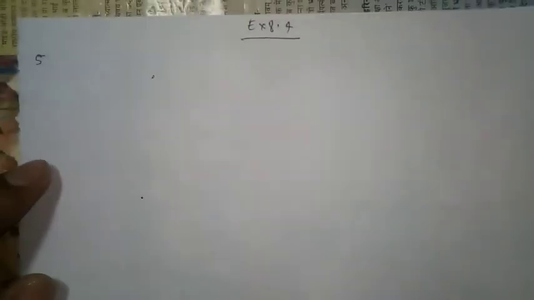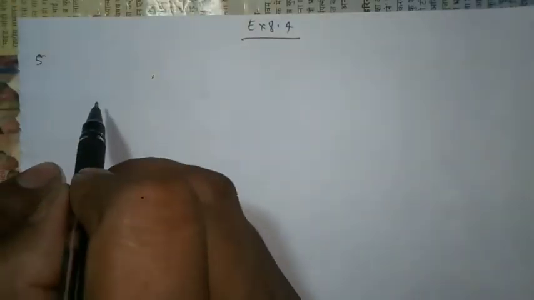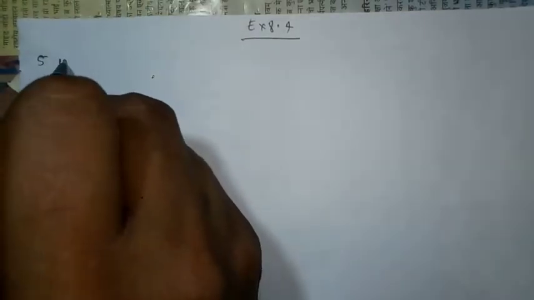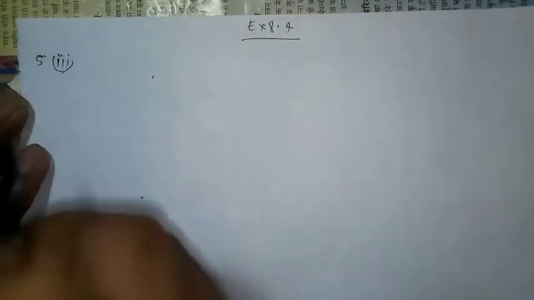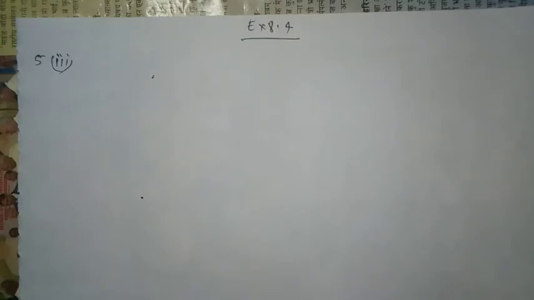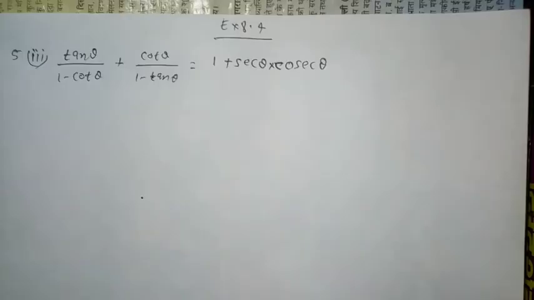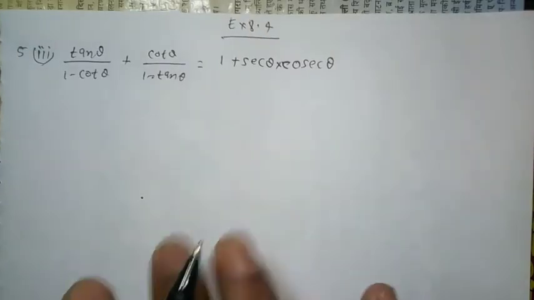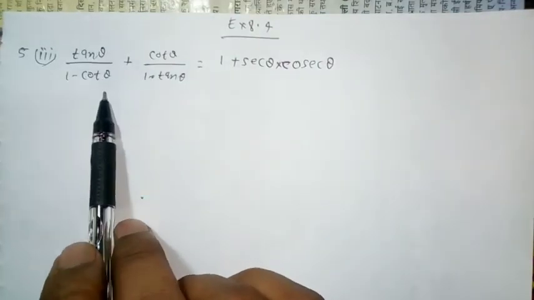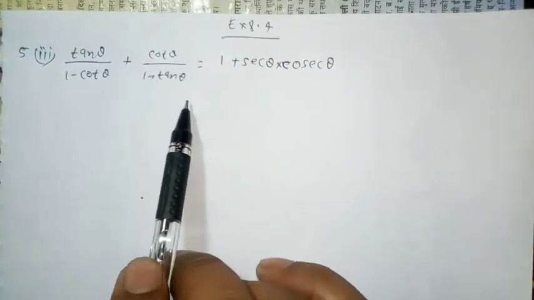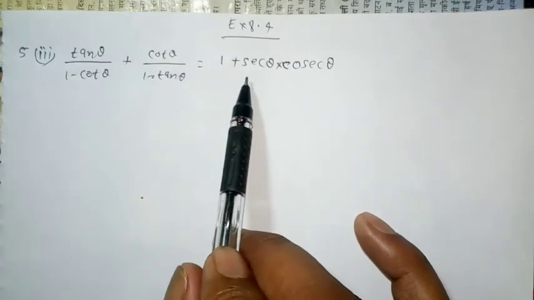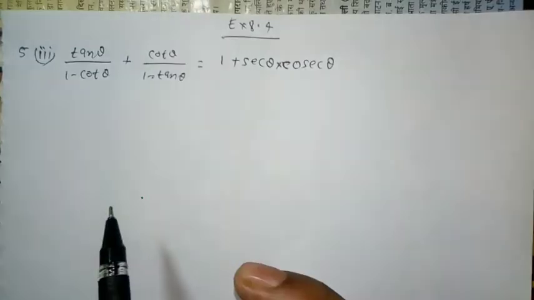Okay, the rest of the questions of this exercise. Exercise 8.4, question 5.3: tan theta by 1 minus cot theta plus cot theta by 1 minus tan theta is equal to 1 plus sec theta into cosec theta.